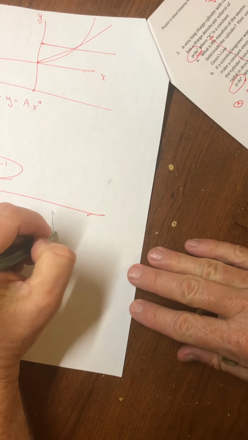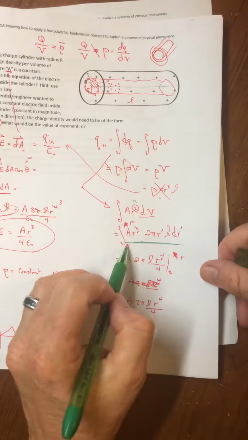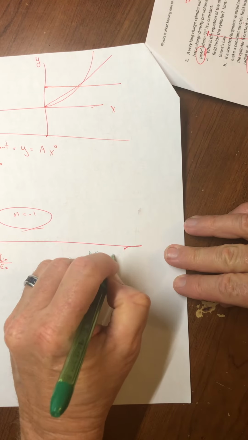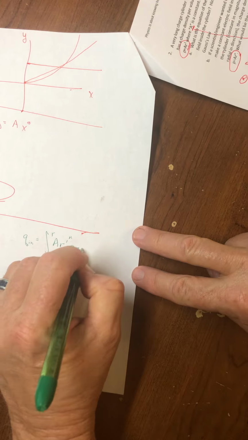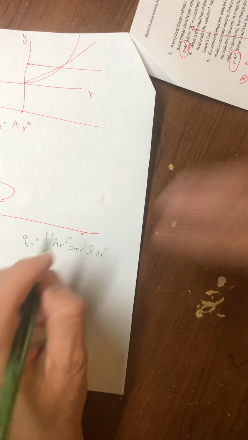this integral from 0 to r. Then I would have the a, and this r prime to the nth, and the 2 pi r prime, the l, and the dr prime.